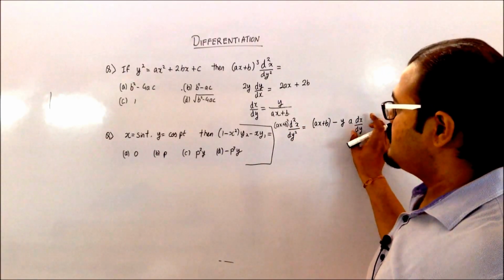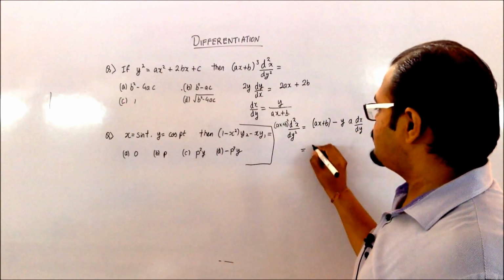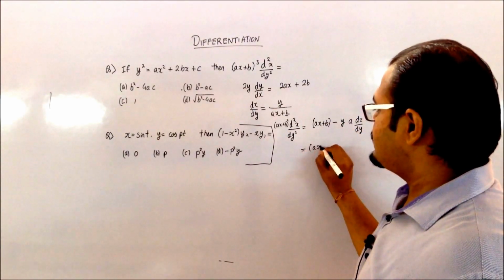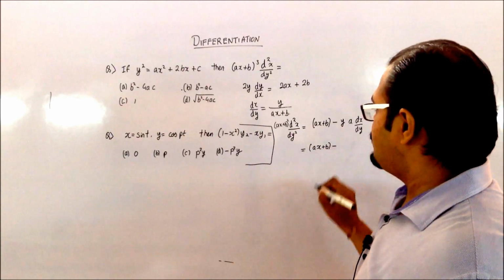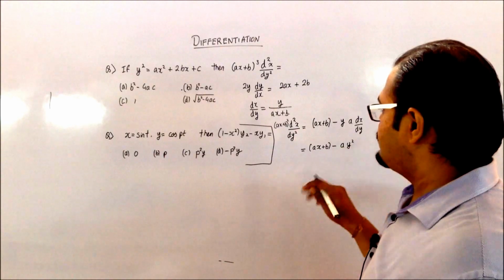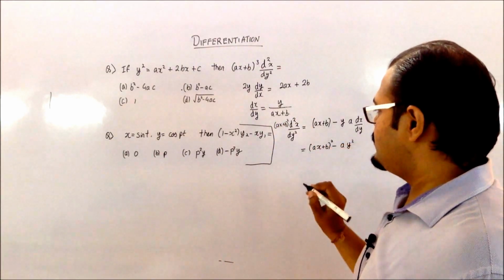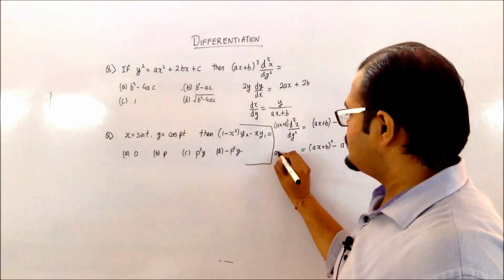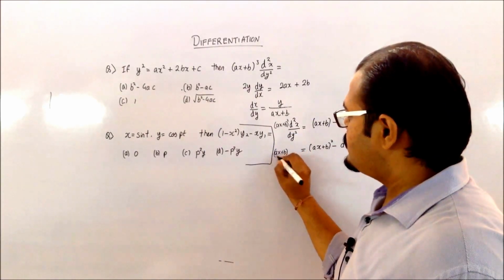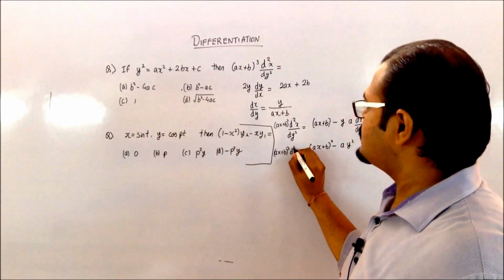In this I know that dx by dy is this term. So if I just substitute that, I will get ax plus b minus ay square by ax plus b. So multiplying throughout, this term will be a square term, and this becomes a ax plus b the whole cube term, which is the required term in the question.